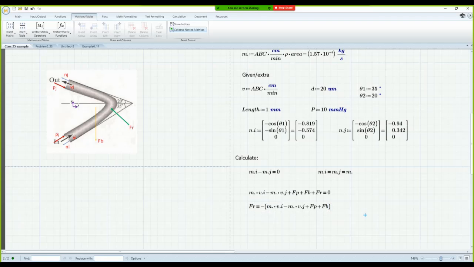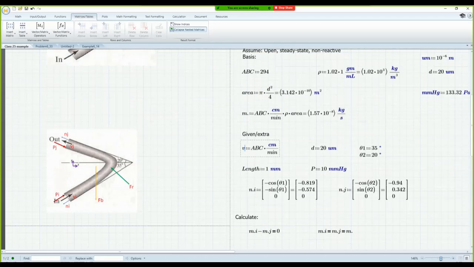The unknowns we need to calculate from this information are the velocity in, the velocity out, the pressure force, and the body force. So let's start with V I. I should probably call this the speed, because it's the speed that the fluid is flowing. It doesn't have direction, so it's not a velocity.